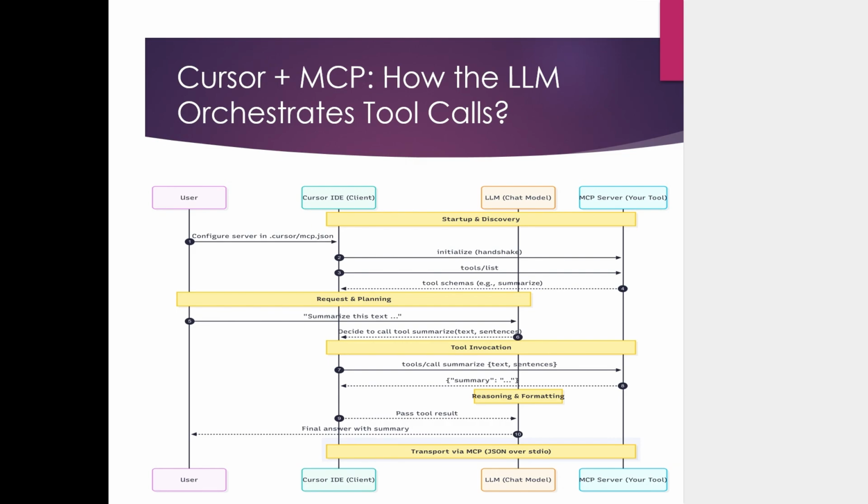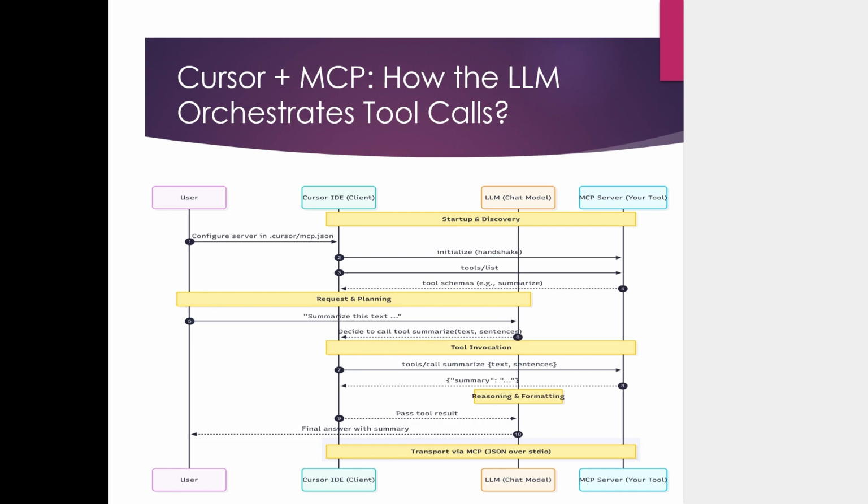The LLM chat model and the MCP server, which holds the tool that we have created, are involved in startup and discovery. The second step is initialization or handshake. After the initialization is done, the tools listing step is performed, and the tool schemas, for example summarize, are identified.